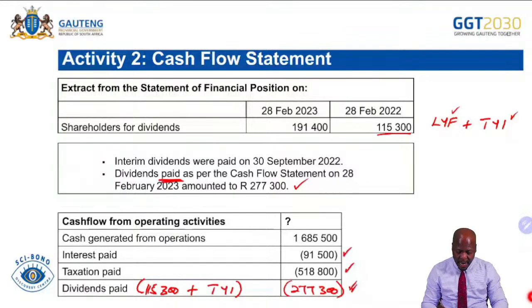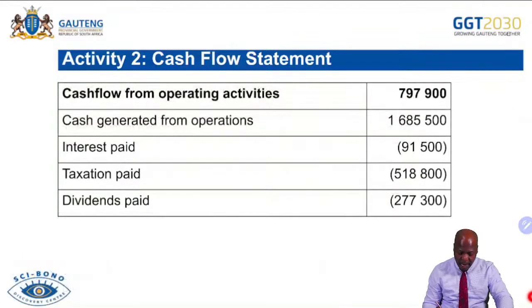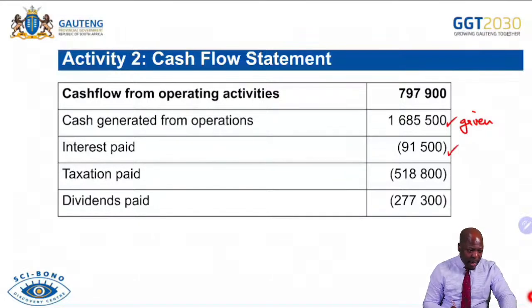All right, so to complete this part, the first part was the cash generated from operations. This one, remember, we had given, and then we had the interest paid, which we have taken out from the amounts that were given, and then we had the taxation paid.